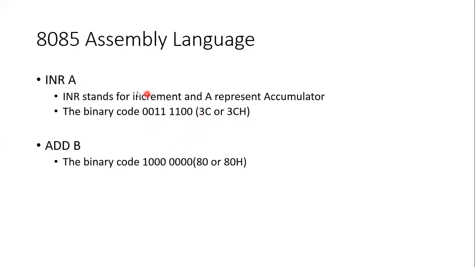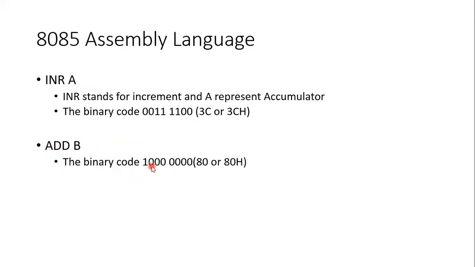Similarly, the second instruction, 1000. This is used as the mnemonic ADD, and then 000 stands for the register B. Therefore, ADD B means the content of the accumulator is added with the register B, and then the result will be stored in the register B. Okay.